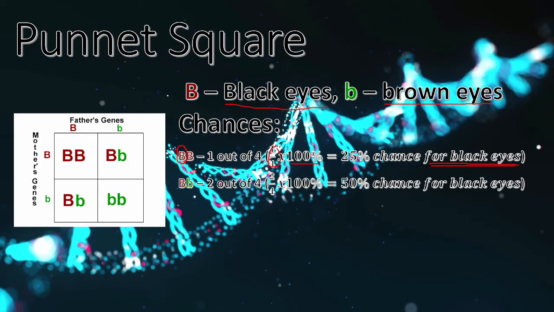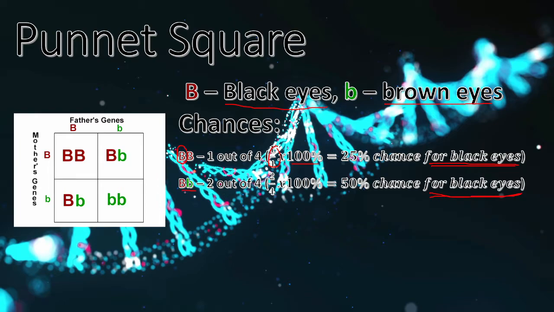Next would be the capital B and small b. It's 2 out of 4, the same calculation as we did on the previous one. It's 2 divided by 4 times 100%, which gives us a 50% chance of having black eyes.